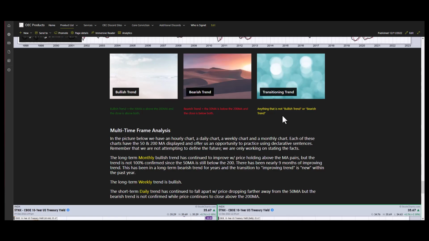Anything that is not one of those two is a market in transition, right? So if you have a bearish trend with the 50 below the 200 and price below both of those, and then it turns up, like we were talking about earlier, anything that's not this bullish description or bearish description is a transitioning trend. It's a transitioning market.